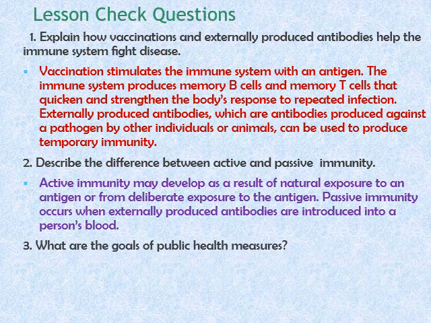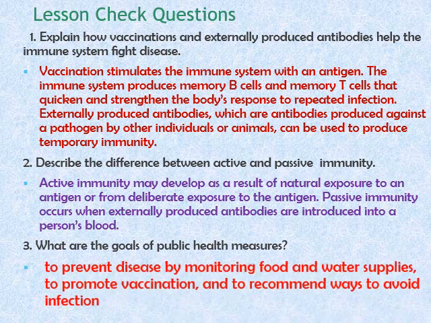Question number 3. What are the goals of public health measures? Sample answer: the goals of public health measures are to prevent disease by monitoring food and water supplies, to promote vaccination, and to recommend ways to avoid infections.